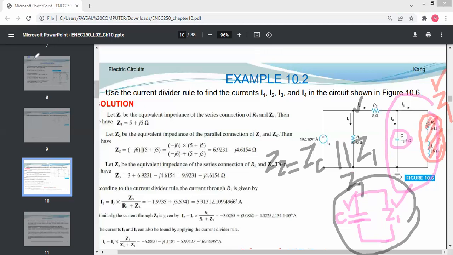Now what is the value of ZC? ZC is negative j6, which is parallel to Z1. The Z1 value is 5 plus j5.